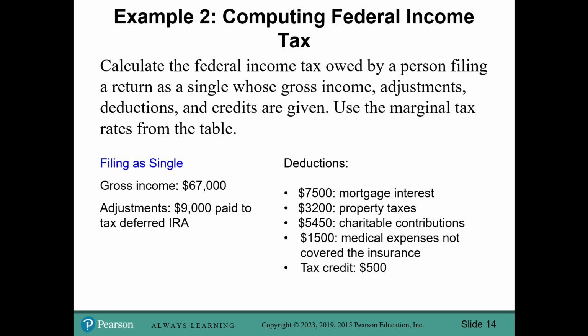Deductions: $7,500 for your mortgage interest, $3,200 in property taxes, $5,450 in charitable contributions, $1,500 in medical expenses not covered by the insurance, and a $500 tax credit.